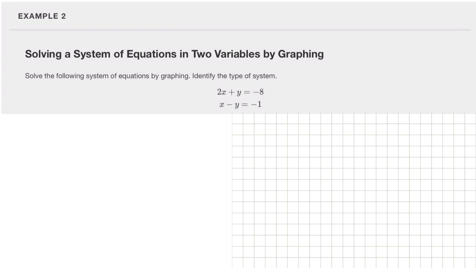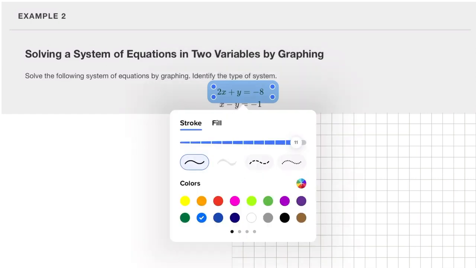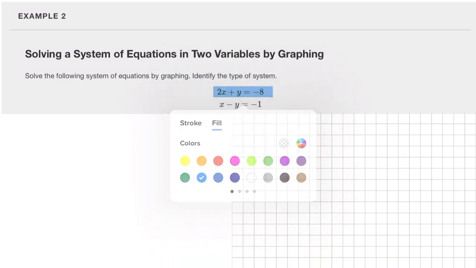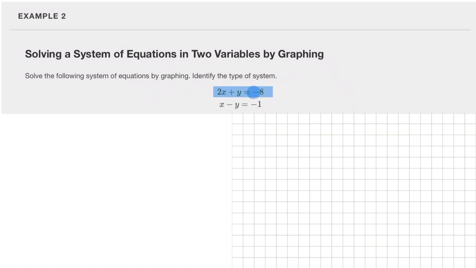I'm going to do the first equation in blue. And I'll do the second equation.